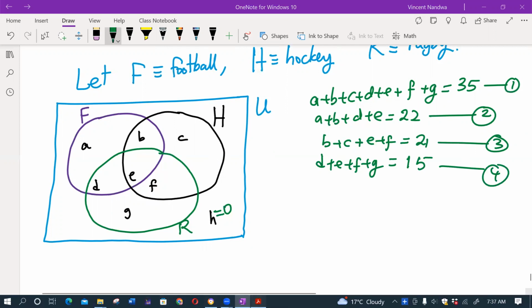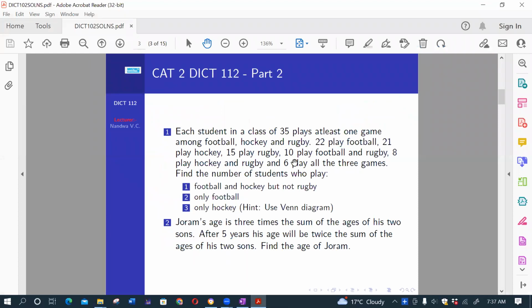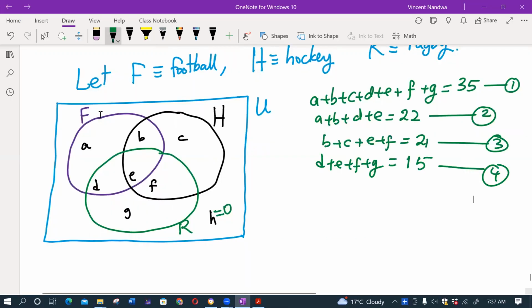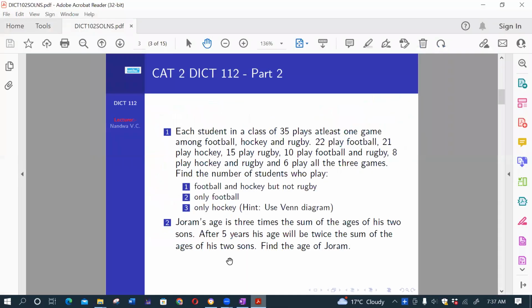The other information is that 10 play football and rugby. So where F and R meet should be 10. F meets R at D plus E. So D plus E gives us 10. Call it equation 5. Next, 8 play hockey and rugby.